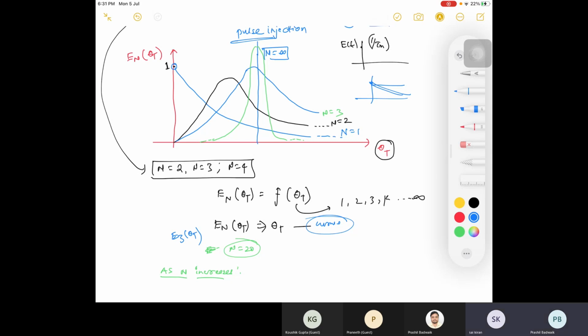Tending towards the Dirac delta function. As n increases, it is approaching the PFR graph.